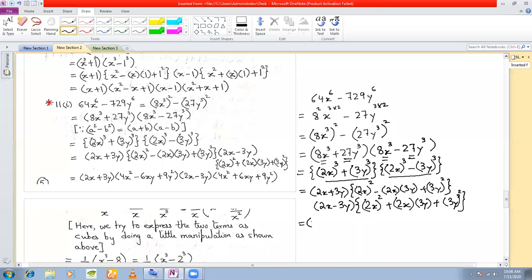So that this is now 2x plus 3y into 4x square minus 6xy plus 9y square into 2x minus 3y. Naila, you have a question?